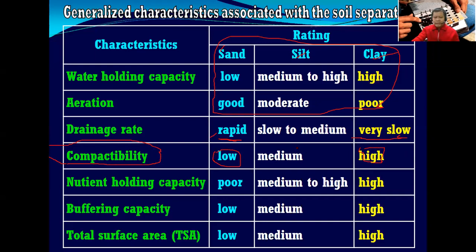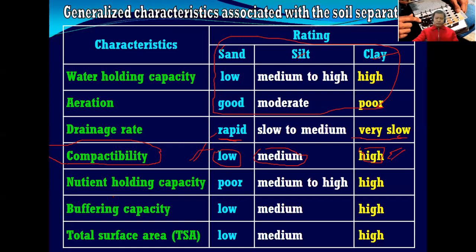Okay, ang silt naman is medium compactability. Okay, so ibig sabihin dito, mas mataas ang bulk density ng clay kumpara sa sand. Okay, so mataas ang compactability ng clay kumpara doon sa sand.